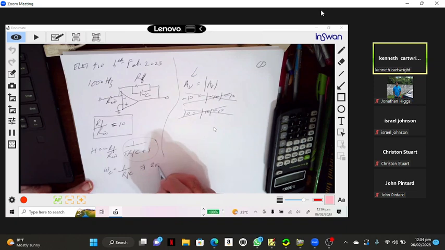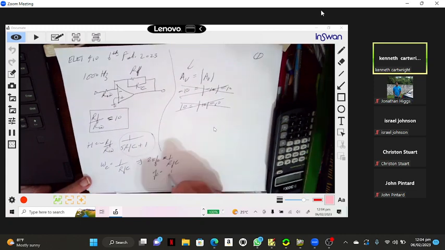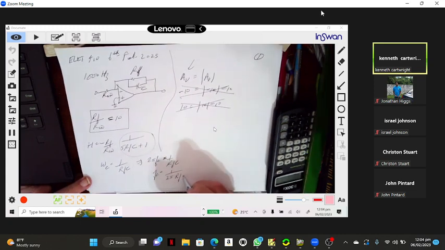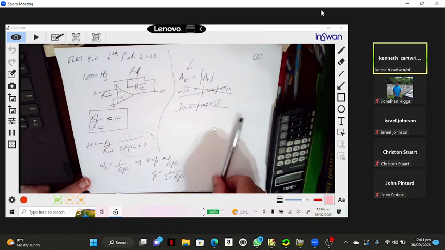So FC is 1 over 2 pi RFC. Now, that omega C is not equal to FC. Despite the fact that I sent that notice out, there's one student who still gave me in a solution omega C equals FC. Needless to say, you got a design wrong.